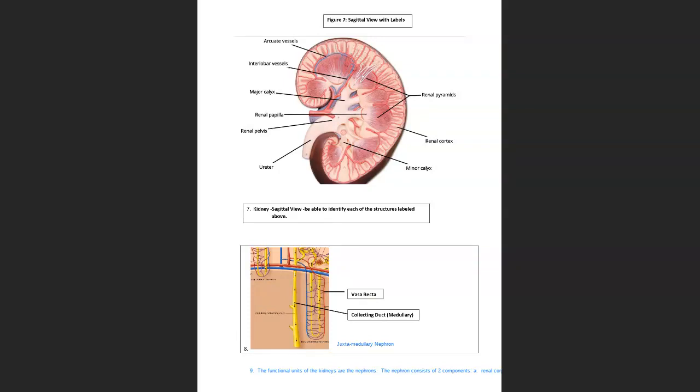The proximal tubule, that's where you have your reabsorption occurring and your greatest change in volume. Remember, proximal tubule's main concern is reabsorption, tubular reabsorption.